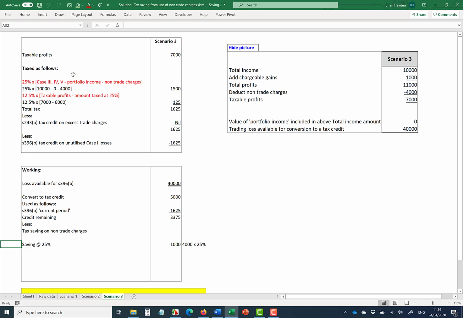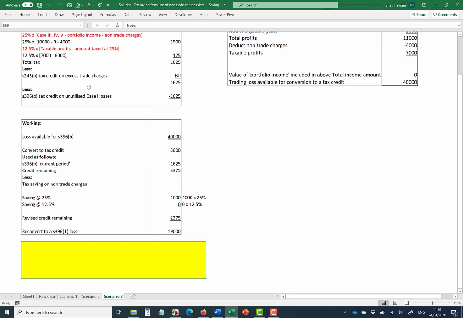So we set 4,000 non-trade charges against high rate income. So that meant we saved the tax on that 4,000 of income. So 25% of 4,000 and nothing at 12.5%. So that reduces the credit down to 2,375. Okay, and when you reconvert that to a future loss, you've got a 19,000 euro loss for future periods.